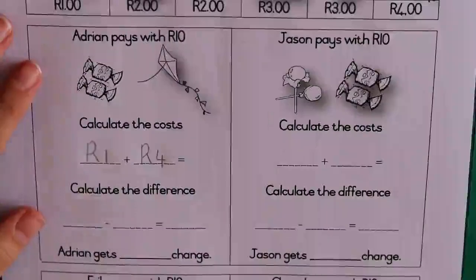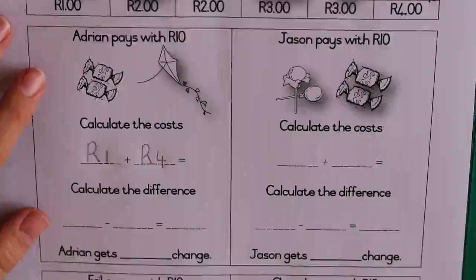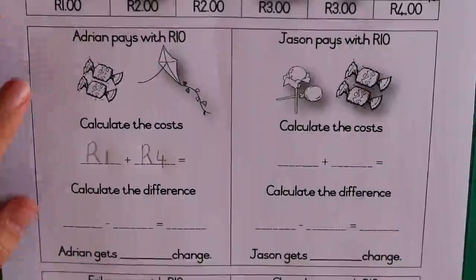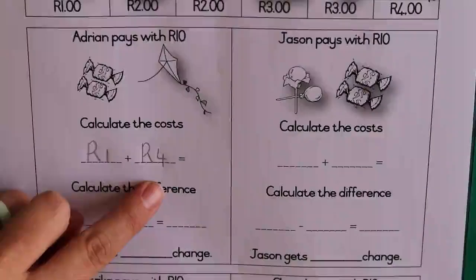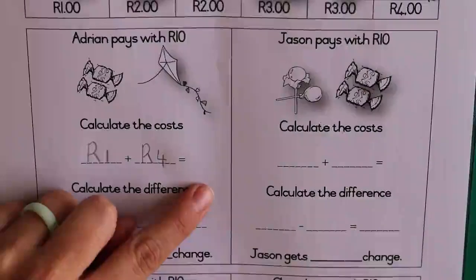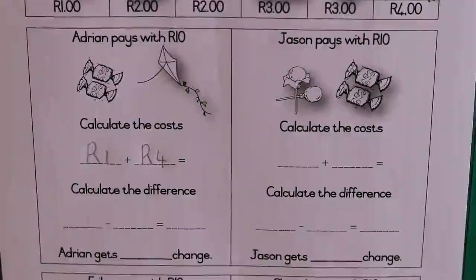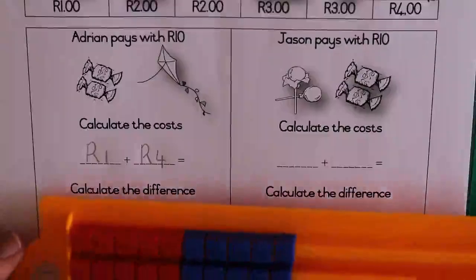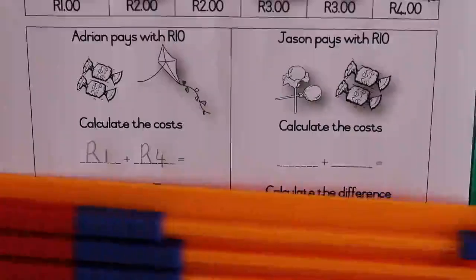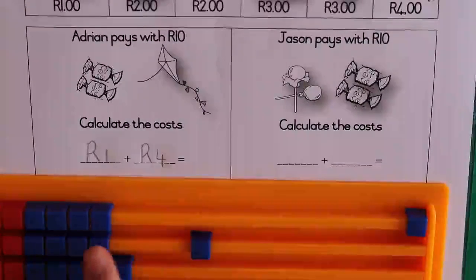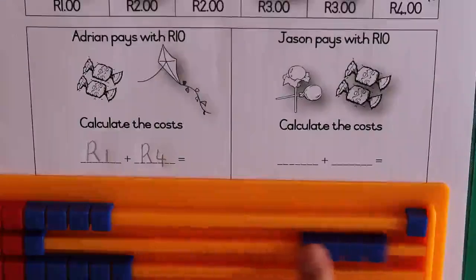Now you don't have this worksheet, so that's why you're just going to write these numbers into your busy book. So in the first line you would now write R1 plus R4, and then we're going to write the answer. Now that's a nice easy sum. It's 1 plus 4. 1, 2, 3, 4.